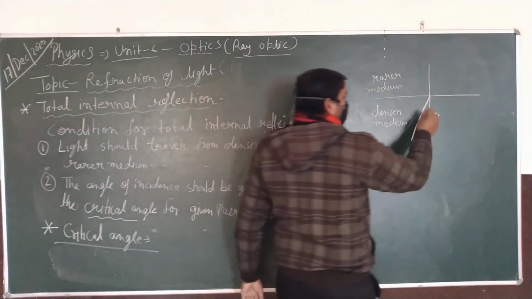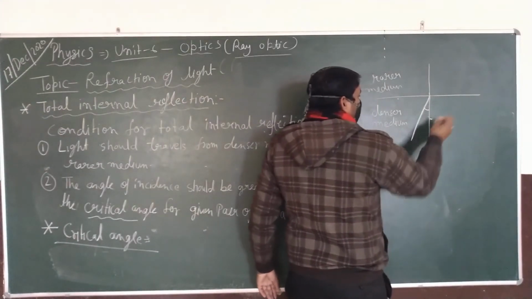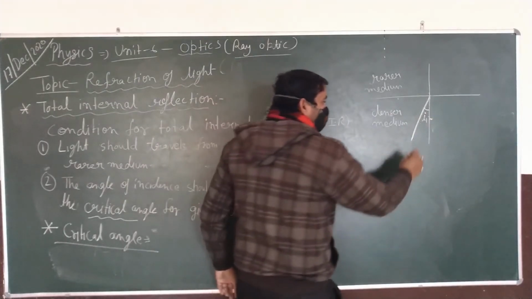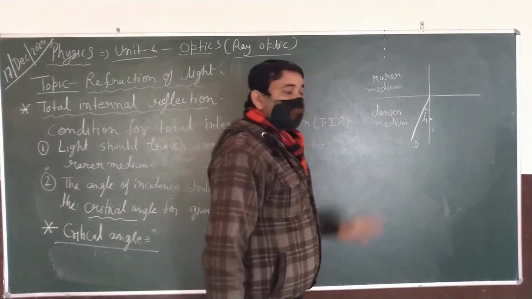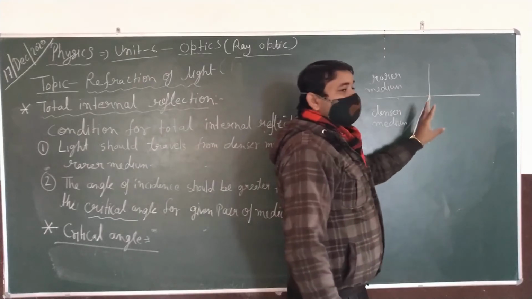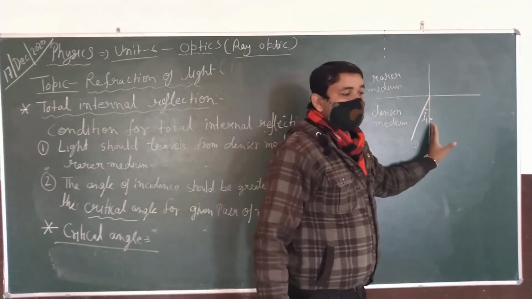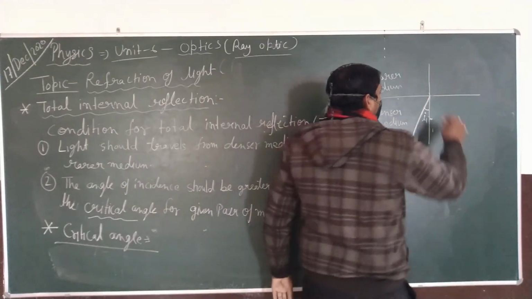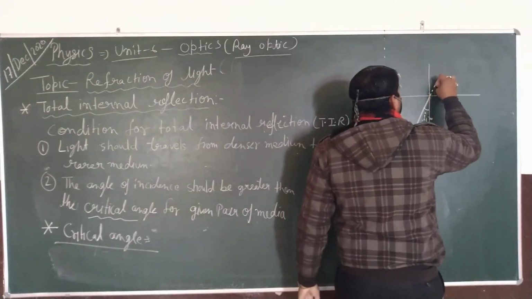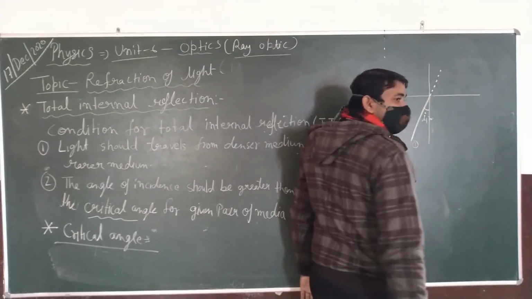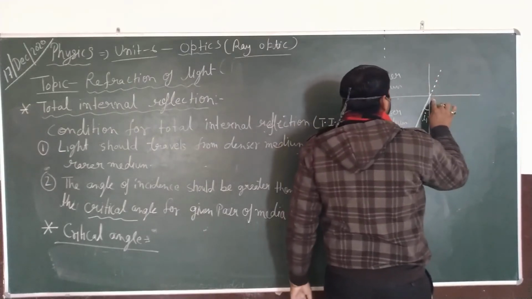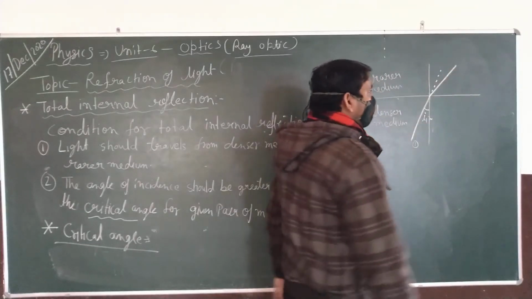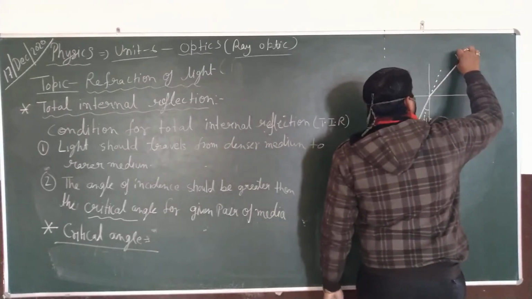Let's say this is angle of incidence I1 for the first ray. And you know, if the light travels from the denser medium to the rarer medium, it bends away from the normal. If this is the actual path of this light, then when it emerges into the rarer medium, it bends away. Clear? This is refracted ray 1.